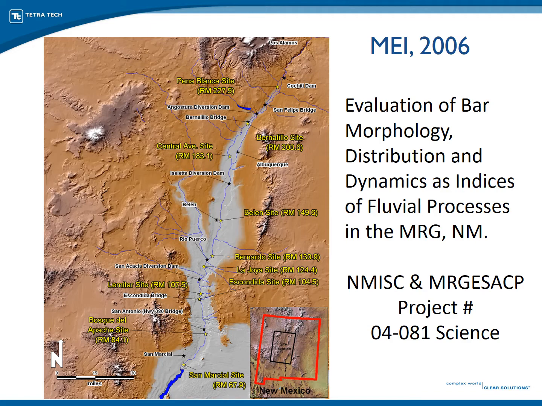The basic premise was that the form and function of the river could be described by an analysis of the bars and the change in bar forms, bank-attached, mid-channel, various elevations through time. It worked out pretty well. And it provided us with some pretty good information about bars, both mid-channel and bank-attached, that I think is certainly germane to the discussion that we're having today.